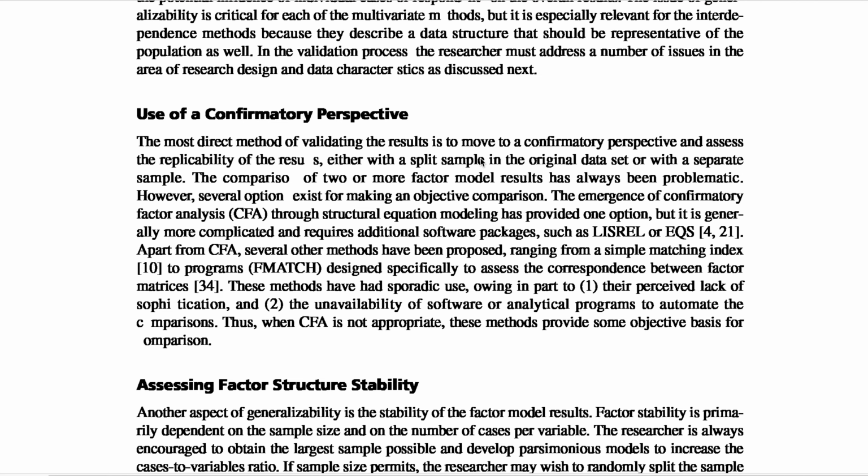Apart from confirmatory factor analysis, several other methods have been proposed, ranging from a sample matching index to the program FMATCH, designed specially to assess the correspondence between factor matrices. The methods have had sporadic use owing in part, first, to their perceived lack of sophistication and, second, to the unavailability of software or analytical programs to automate the comparison.